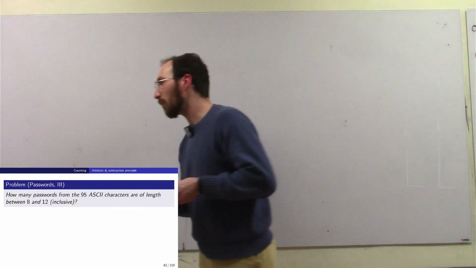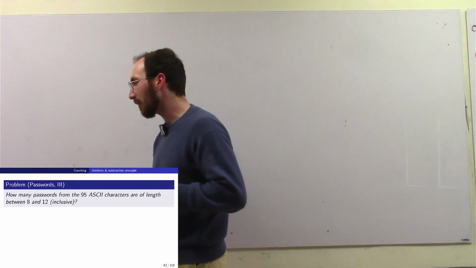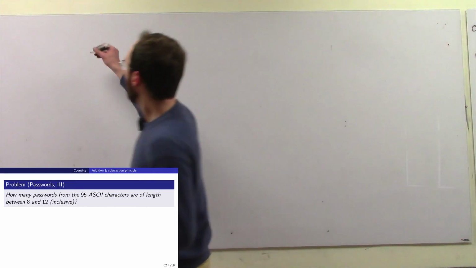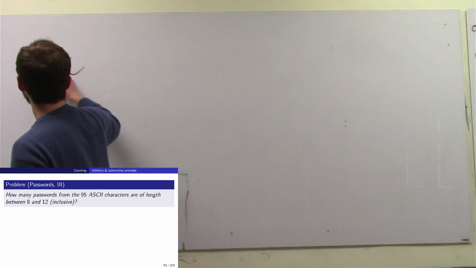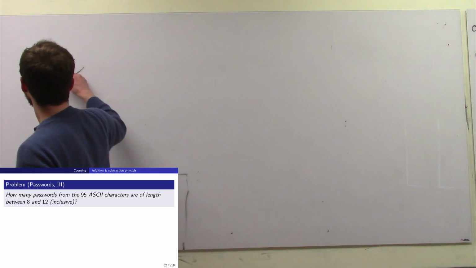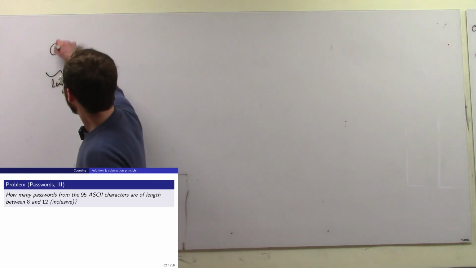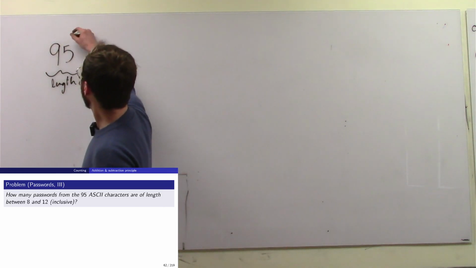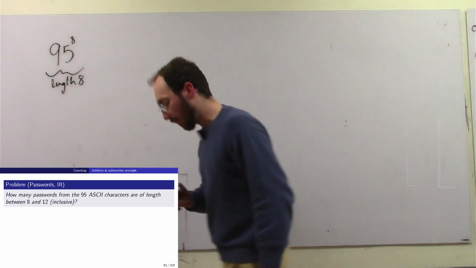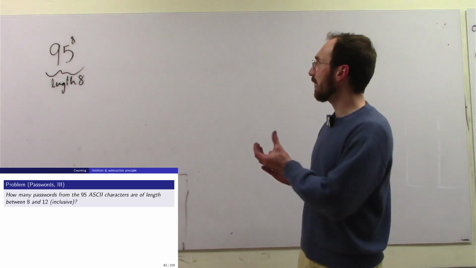So let's actually do that here. If we want to count how many ASCII codes are of length 8, length 8, done this before. There's 95 options for each of our spots of the code.